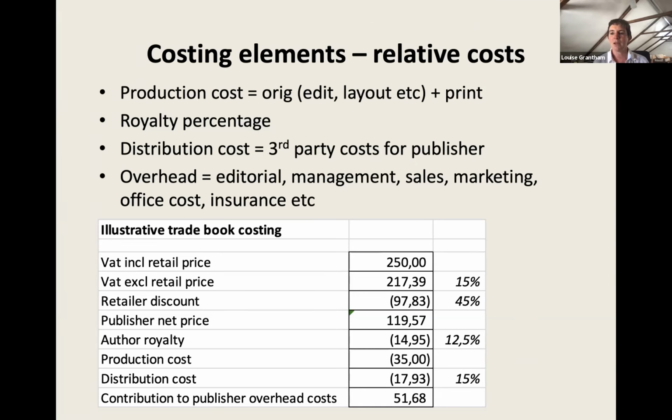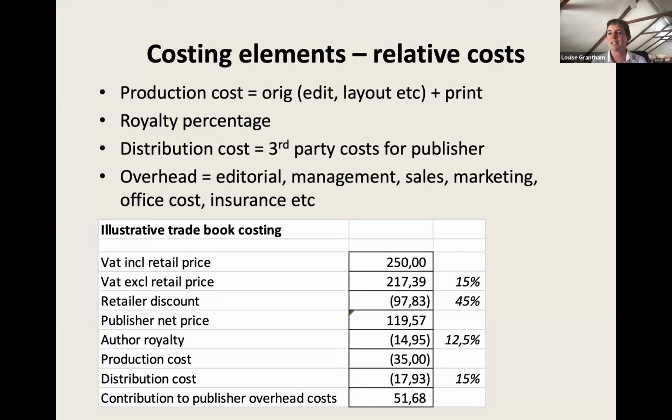But that 250 Rand is first made up of 15% of that is VAT. So Melvin is only going to actually be able to keep 217 Rand when he sells this book to a customer. But Melvin has bought the book from the publisher, and Melvin needs a difference between what he buys it for and what he sells it for.